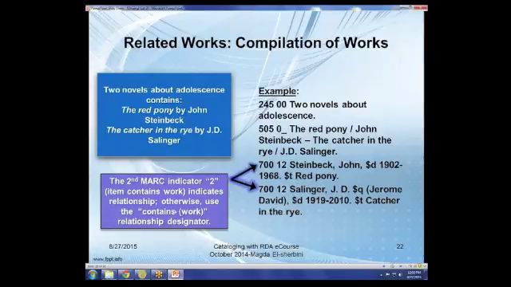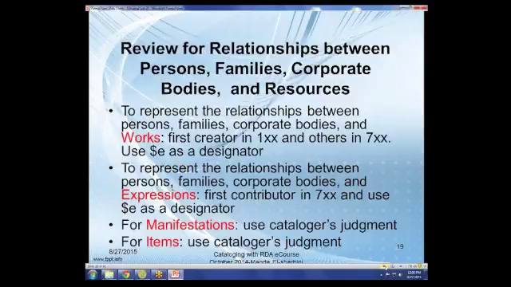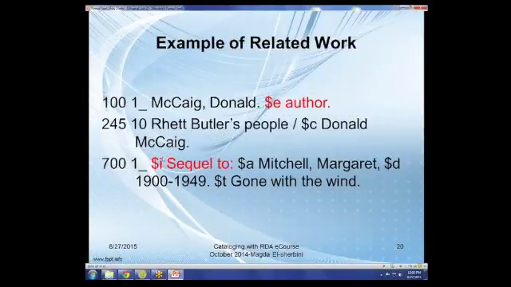Now it says here, use contains work designator. What they're saying is that you could theoretically have it be 700 with a subfield I and the word contains, similar to the one we saw here where it says sequel to.